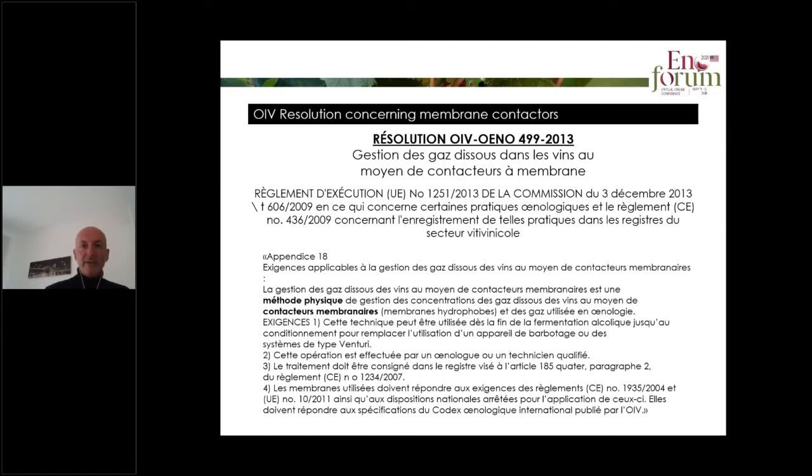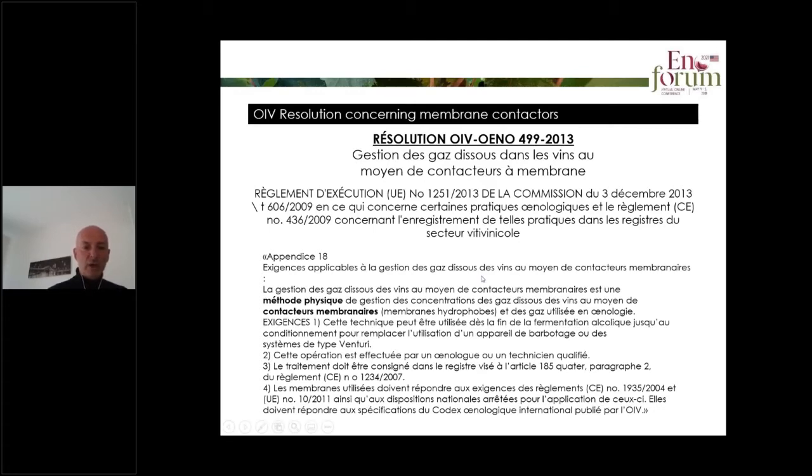Back in 2013, there was a resolution by the OIV, the Organisation Internationale de la Vigne et du Vin, that authorizes the use of membrane contactors during the winemaking process.